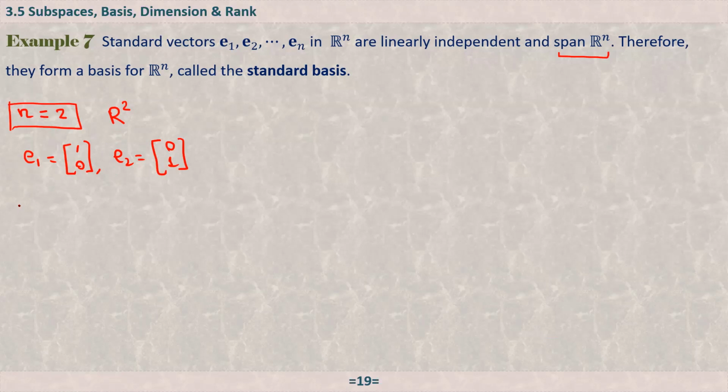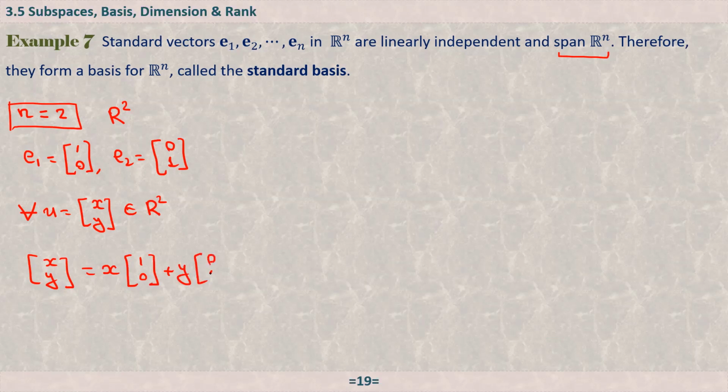To show this, I have to show that if you pick any vector with coordinates x and y from R2, I can find numbers c1 and c2 such that the linear combination gives us this vector. How? We can just write (x, y) as x times (1, 0) plus y times (0, 1).